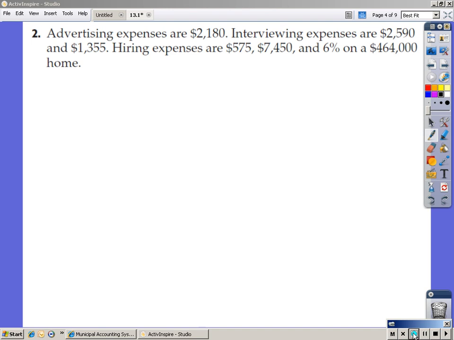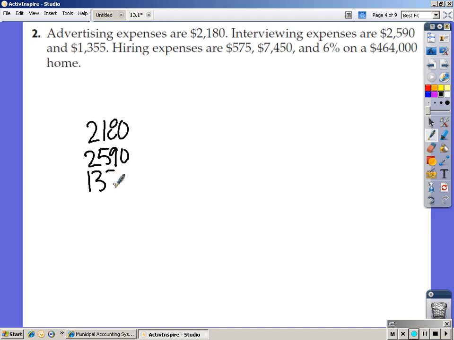So you add $21.80, $25.90, $13.55, $575, $74.50, and then you have to find 6% of $464,000.